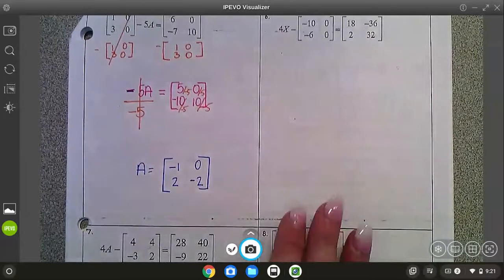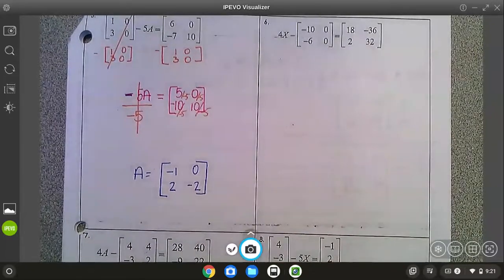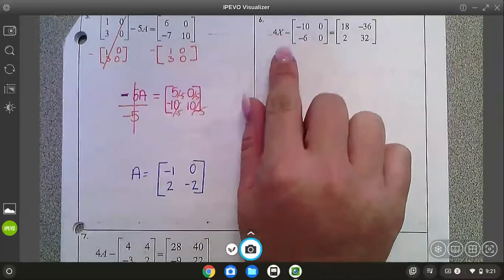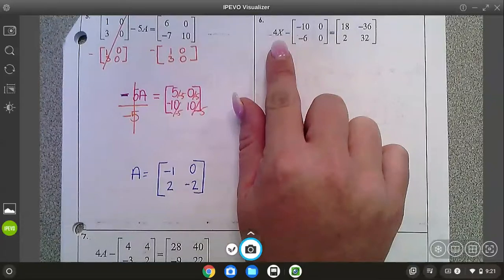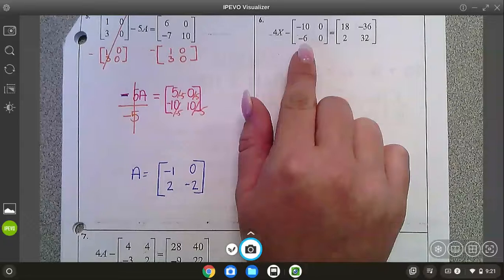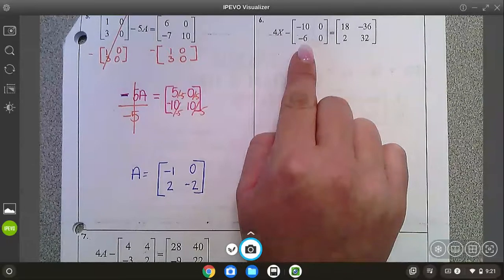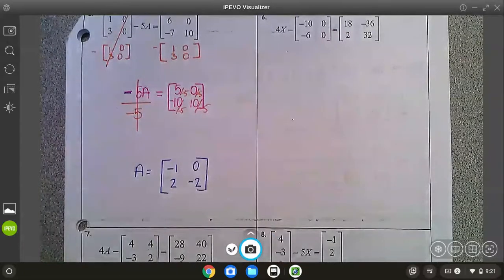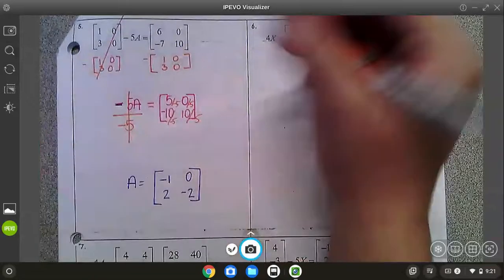All right, number 6. What do we do first? Add. We add this matrix. Remember, whatever is attached to your variable, that's what you do last. So with these, we're either going to add or subtract first, depending on how the problem is set up, and then divide always on these two-step equations.